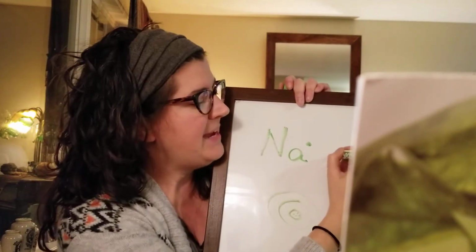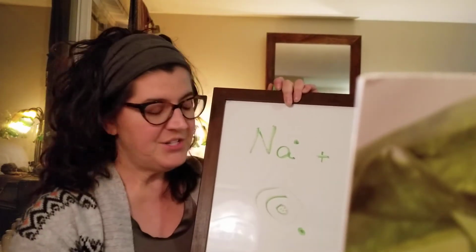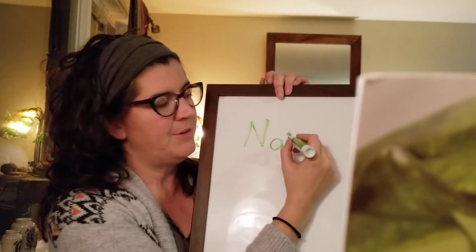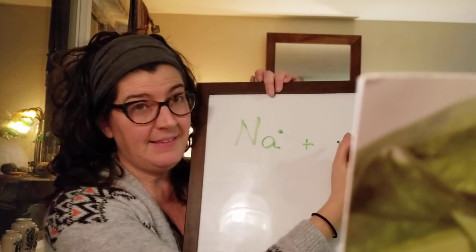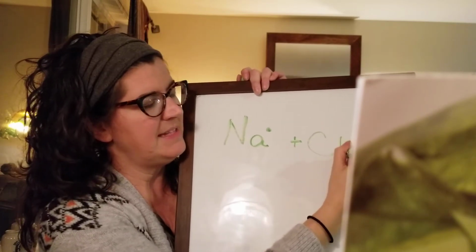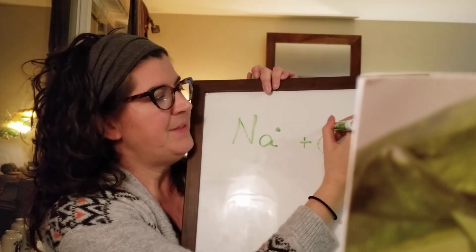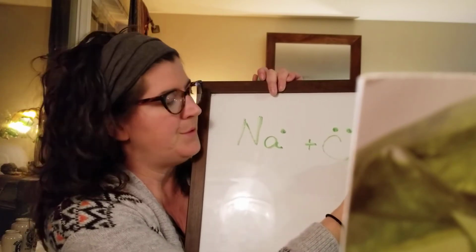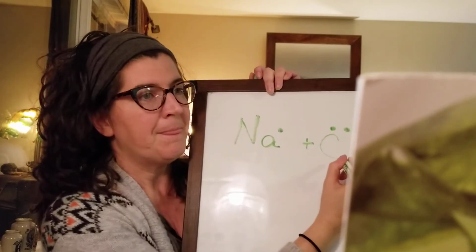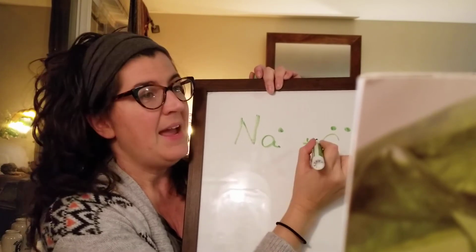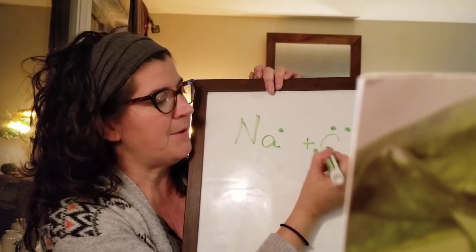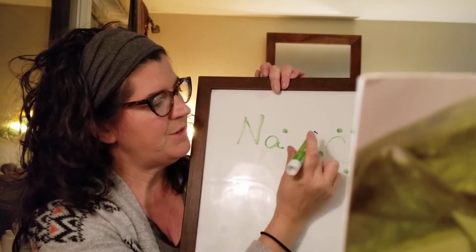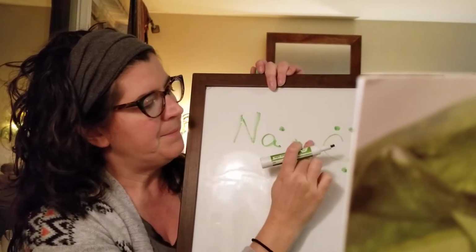All right, so if we have an equation where we have Na dot plus chlorine, Cl, they've illustrated chlorine with dot dot, dot dot, dot dot, and then only one little dot right there. It's missing something. Okay.